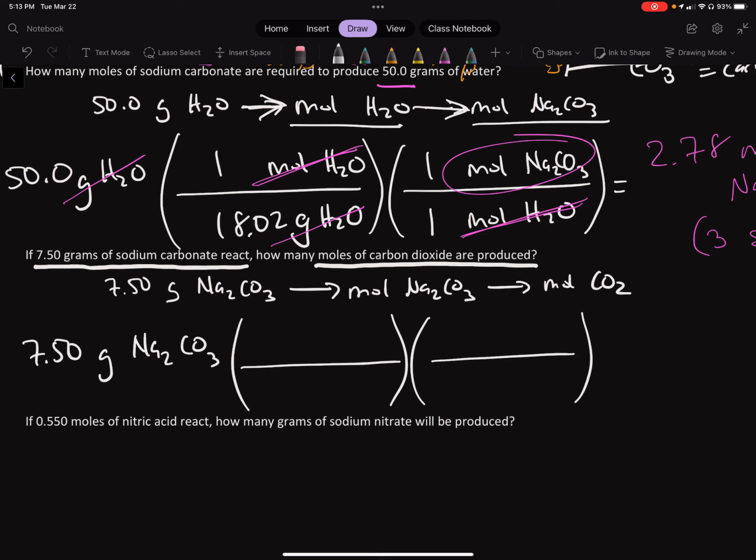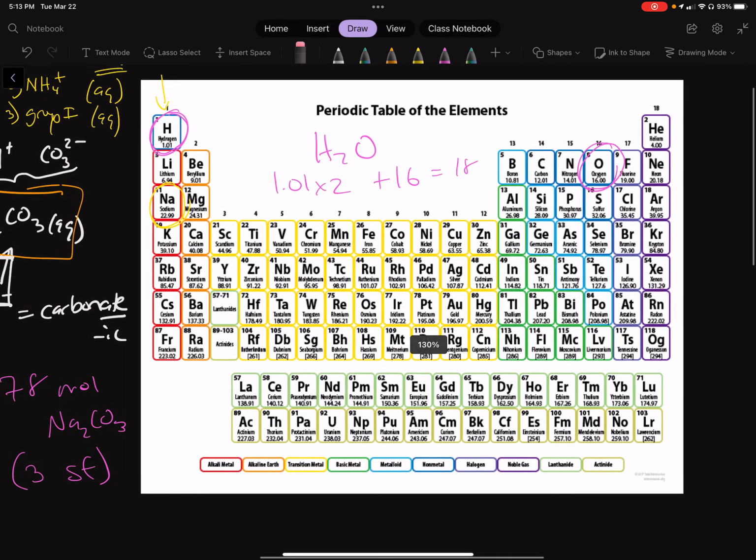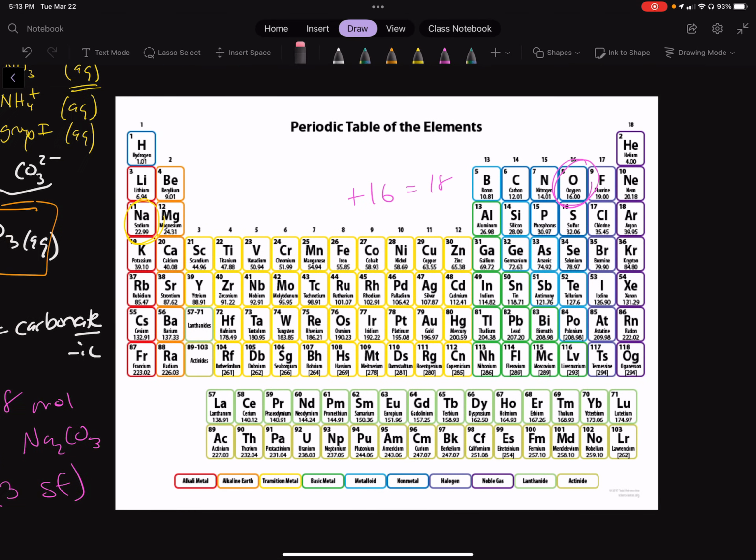So the first one, to go from grams of sodium carbonate to moles of sodium carbonate, we need the molar mass of sodium carbonate. So let's go over to our periodic table. I'll erase what I had before for water. The formula for sodium carbonate is Na2CO3. So sodium is over here, 22.99.